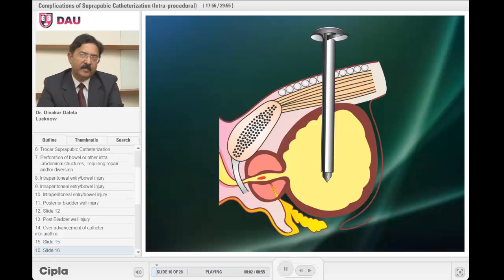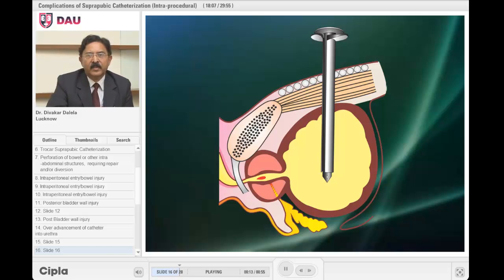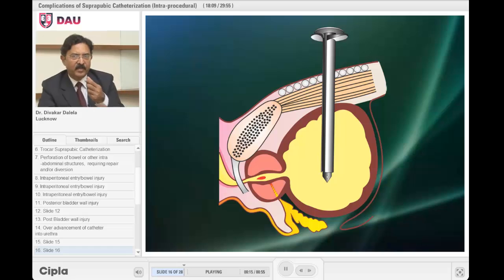Here in this diagram, you see a trocar and cannula assembly in the urinary bladder. That's how it is when the bladder is full. The moment you take the trocar out and let the half slotted sheath stay in the bladder, the urine will well out and the bladder will empty on account of the abdominal viscera pushing it from behind.